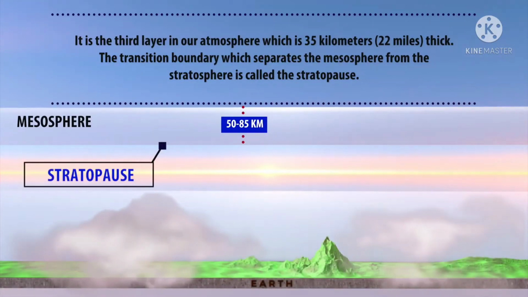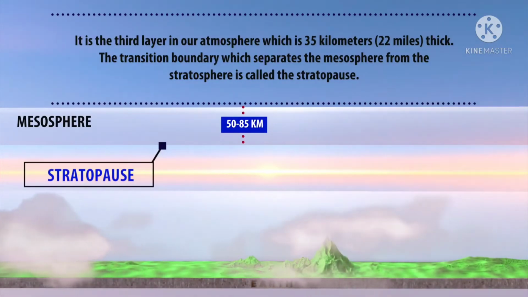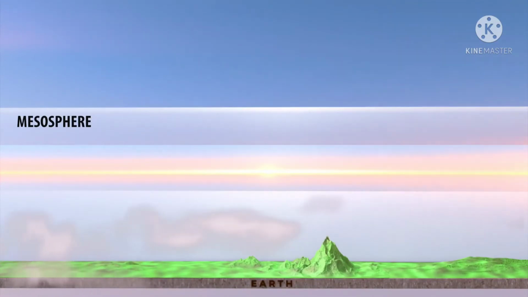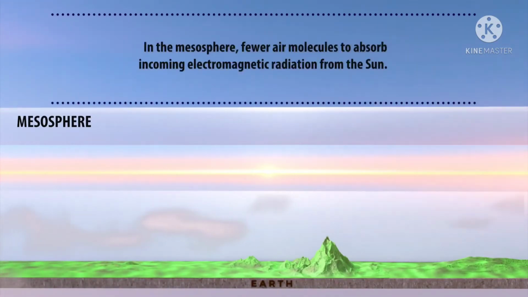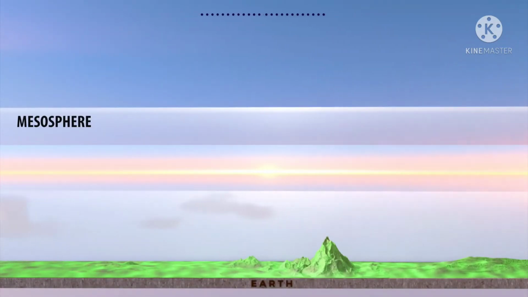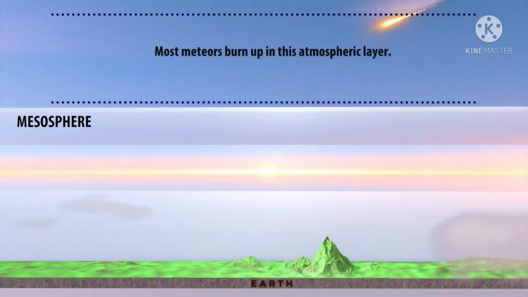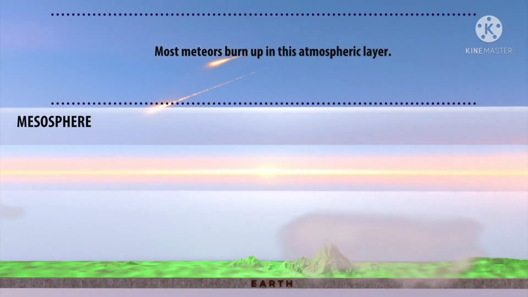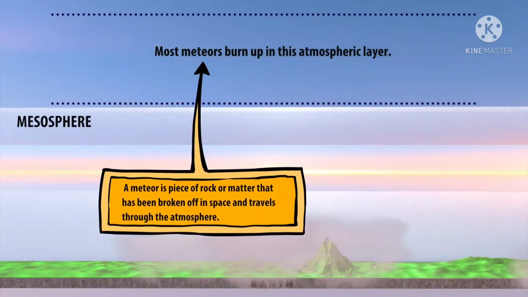The transition boundary which separates the mesosphere from the stratosphere is called the stratopause. The mesosphere has fewer air molecules to absorb incoming electromagnetic radiation from the sun. Most meteoroids burn up in this atmospheric layer.